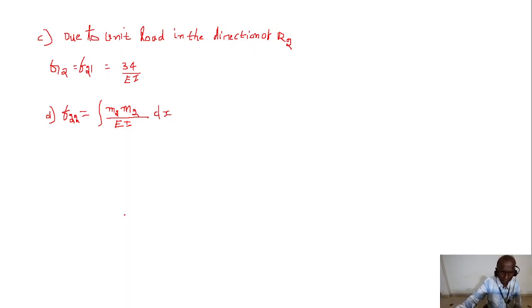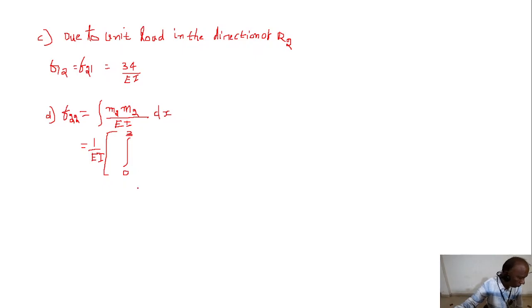So you will take the common value 1 by EI. So integration 0 to 3.